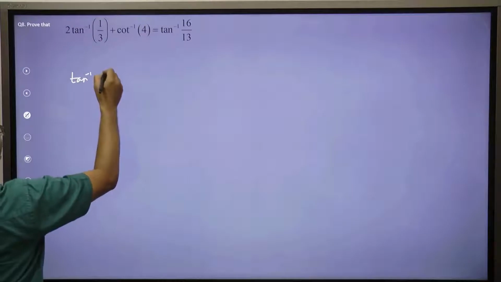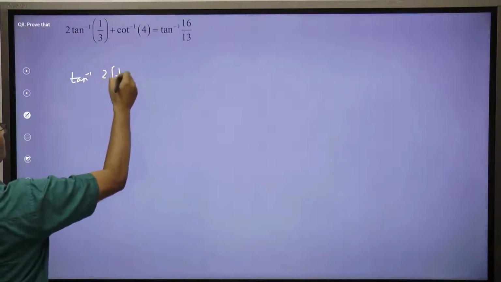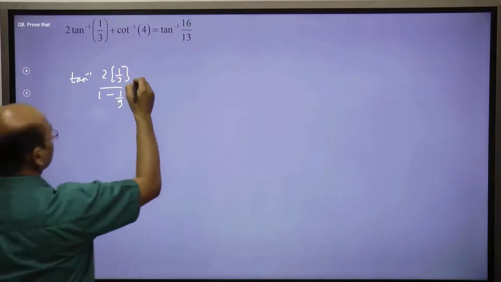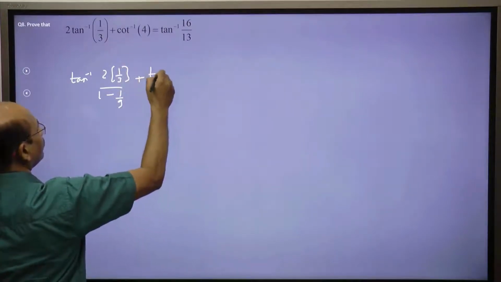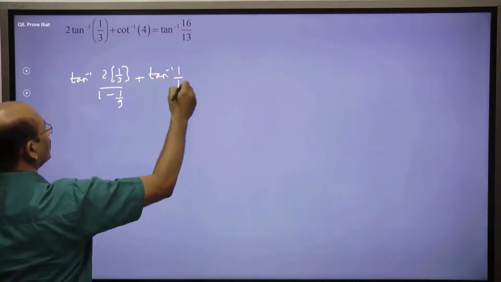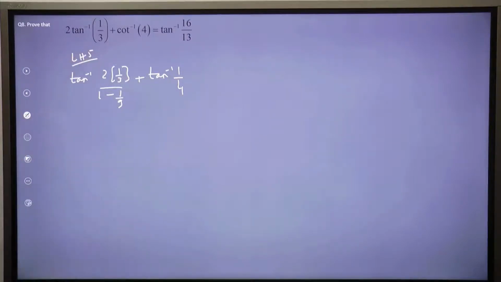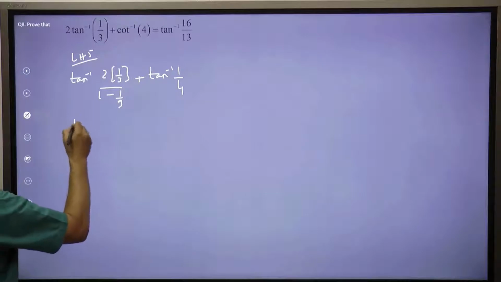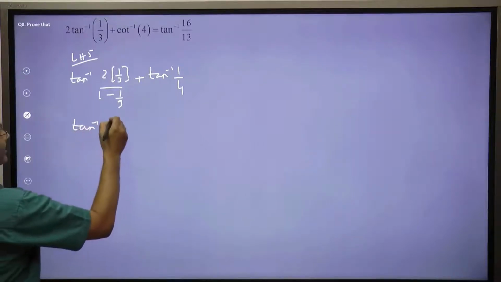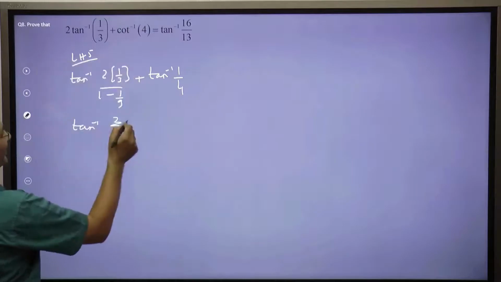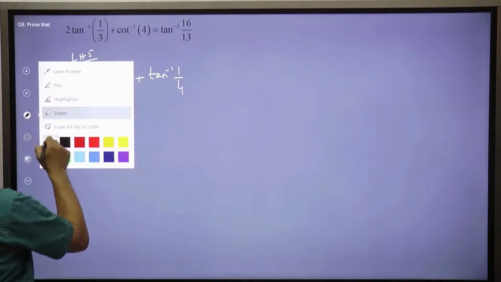tan inverse 2x upon 1 minus x square plus tan inverse 1 by 4. I am talking actually about the LHS. Okay. Now let us see what happens here. So this will be tan inverse 2 upon 3. Sorry, there is a 1 by 3 there, so I'll just work it out.